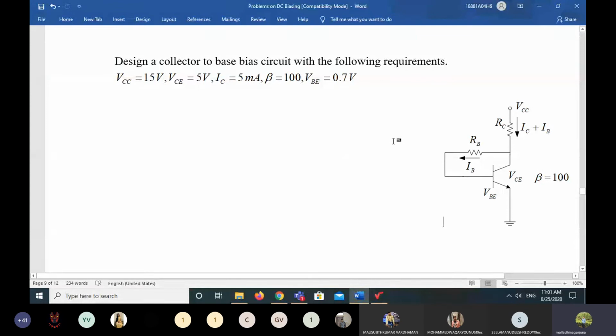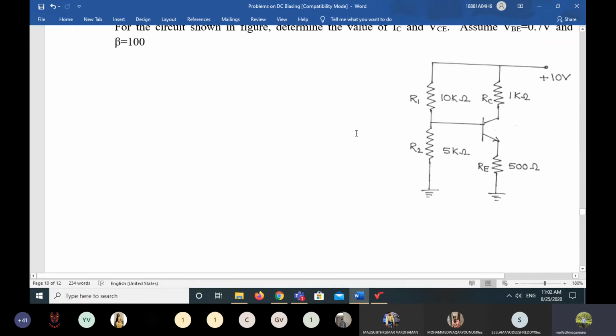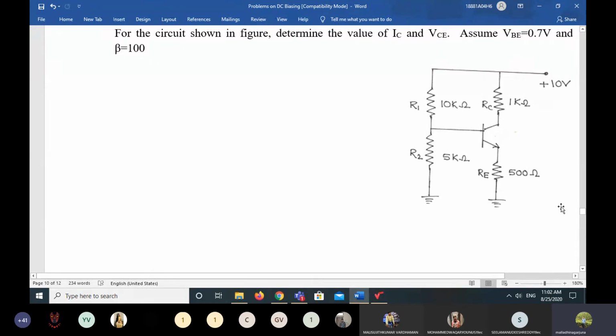The next circuit is the voltage divider bias network.